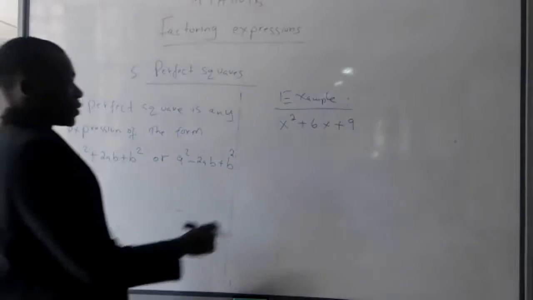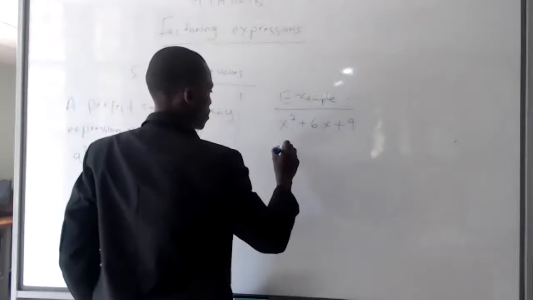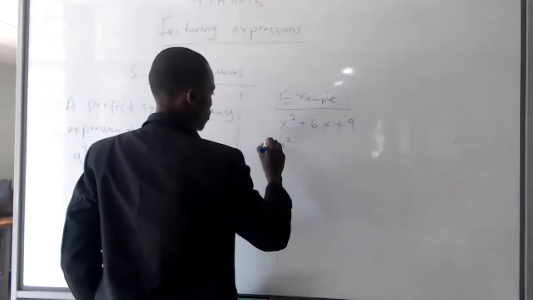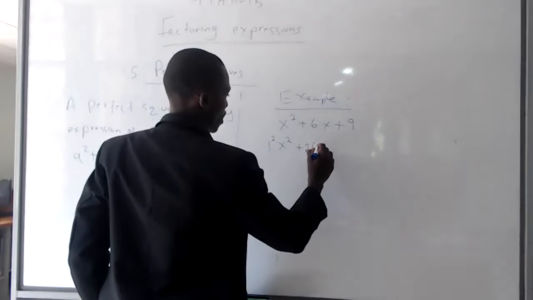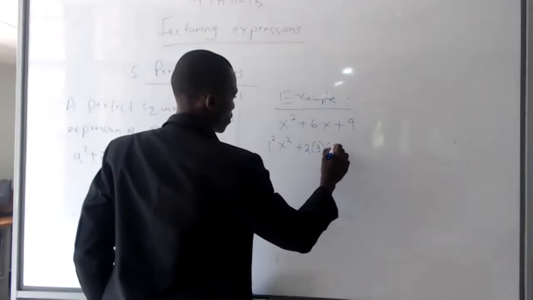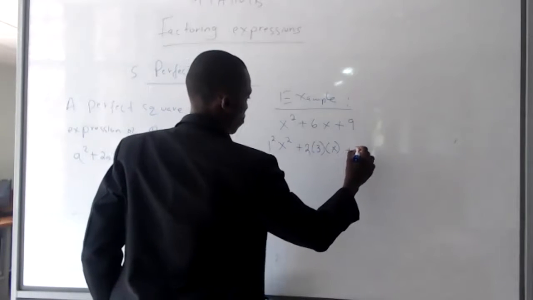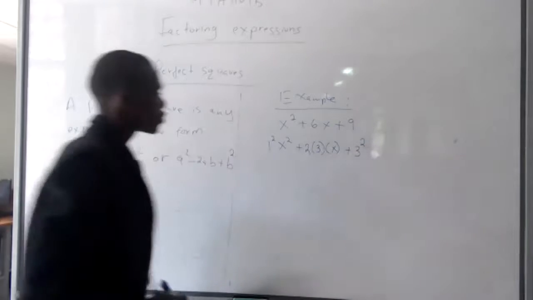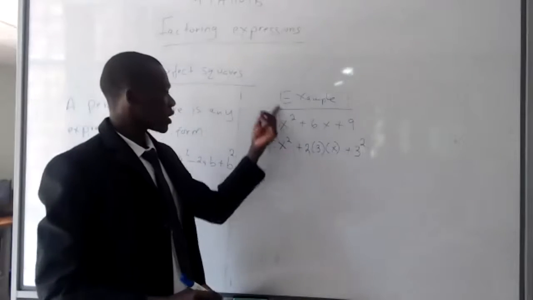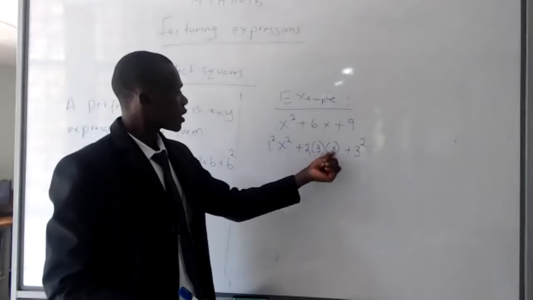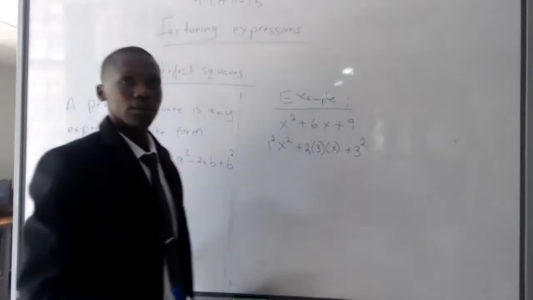Remember, you can write this as x squared plus 2 times 3 times x plus 3 squared. 1 squared times x squared is just x squared, 2 times 3 times x is 6x, and 3 squared is 9.